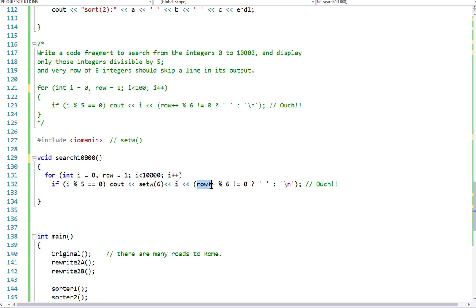I also didn't exactly do this in the most elegant way now that I look at what I did. I turn around and I say keep track of the row. I have a second variable here, row. And I say divide the row by 6. If the remainder is not 0, then I didn't print 6.